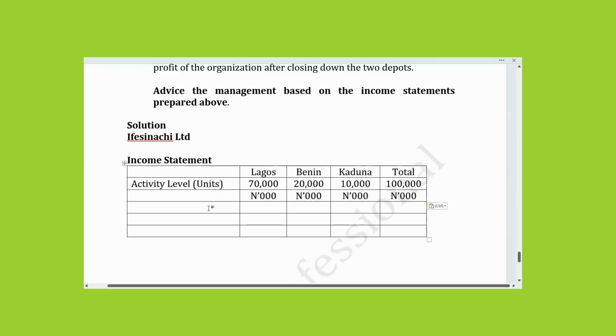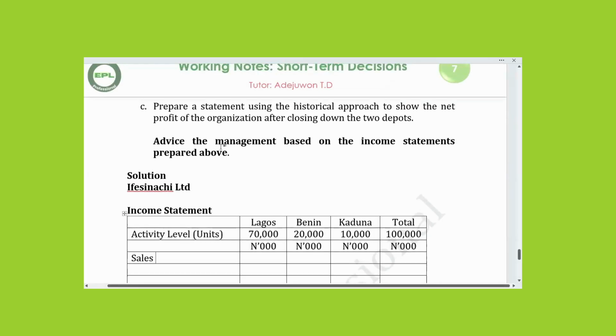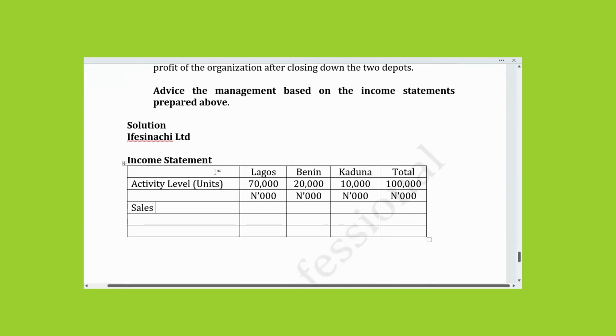We want to prepare income statements. We are starting with sales value. I will then go to the question, what is the selling price? Selling price according to the question is 20 naira. Therefore, we are told that 70,000 units will be produced and sold in Lagos. So 20 multiplied by 70 will give us 1,400.